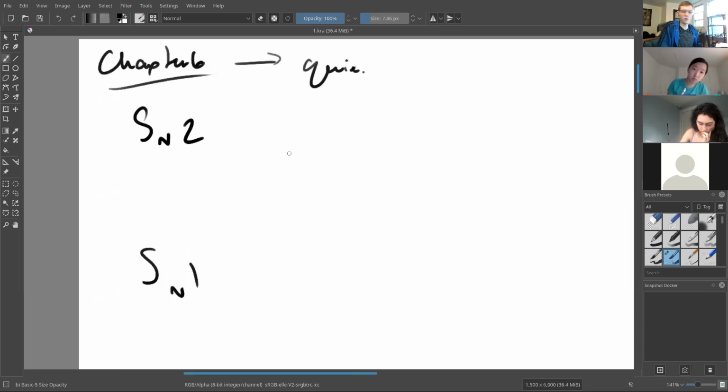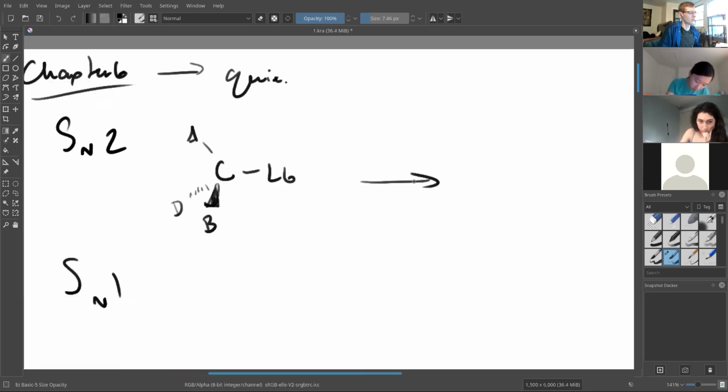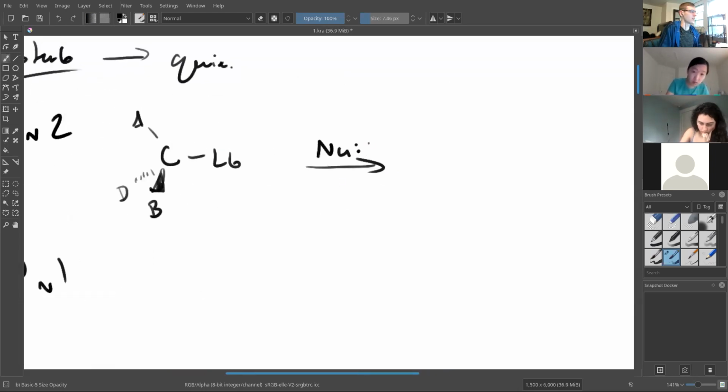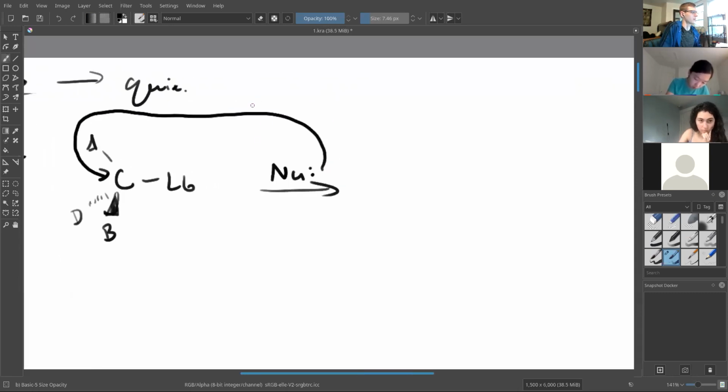With SN2, you have some carbon and then a leaving group, which I'll call LG, and then you have some other stuff that looks like A, B, and well, I already used C, so why don't we use D. And then what happens is you have this nucleophile, which has 2 electrons like this. These 2 electrons go around here. This is what we call the backside attack.